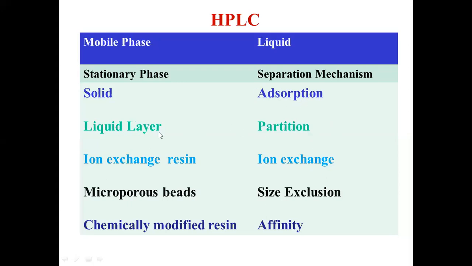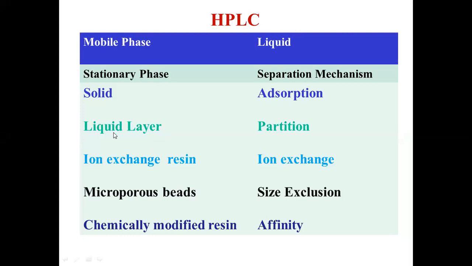And if you take liquid stationary phase, it will be present in the interstices of a solid. We can use modified silica as we saw in gas chromatography. If we modify silica with polydimethyl siloxane, 5% phenyl polydimethyl siloxane, 50% phenyl polydimethyl siloxane, or 50% trifluoromethyl polydimethyl siloxane, polyethylene glycol, etc., all those are liquid stationary phases.